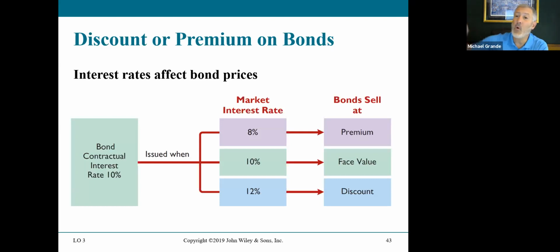They're going to sell at more than the face value, more than 100%. If the contractual interest rate is exactly equal to the market interest rate, that bond's going to sell at its face value or at 100. If the contractual interest rate is less than the market interest rate, that bond is going to sell at a discount in order to give the investor the return that they demand.